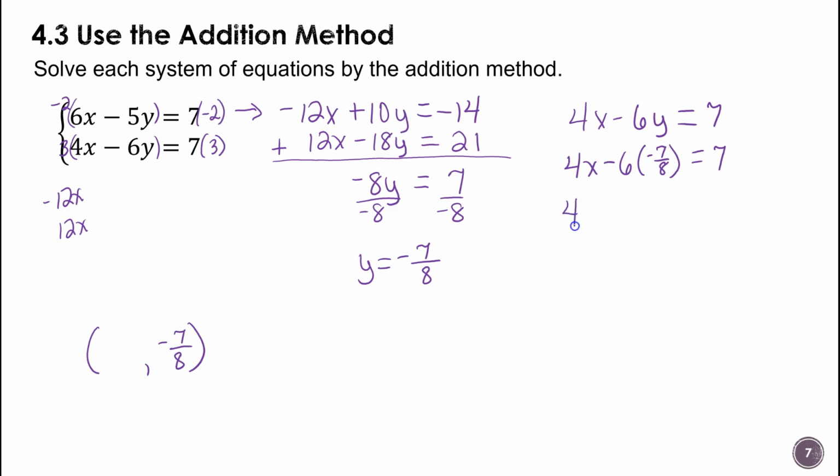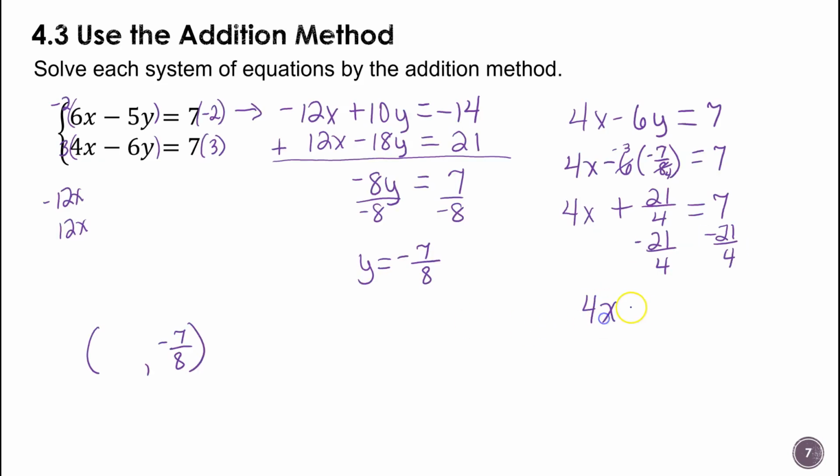So I have 4x, and I could simplify: 2 into the 6 is 3, and 2 into the 8 is 4, so that's plus 21/4 equals 7. I'm going to subtract the 21/4 from both sides.